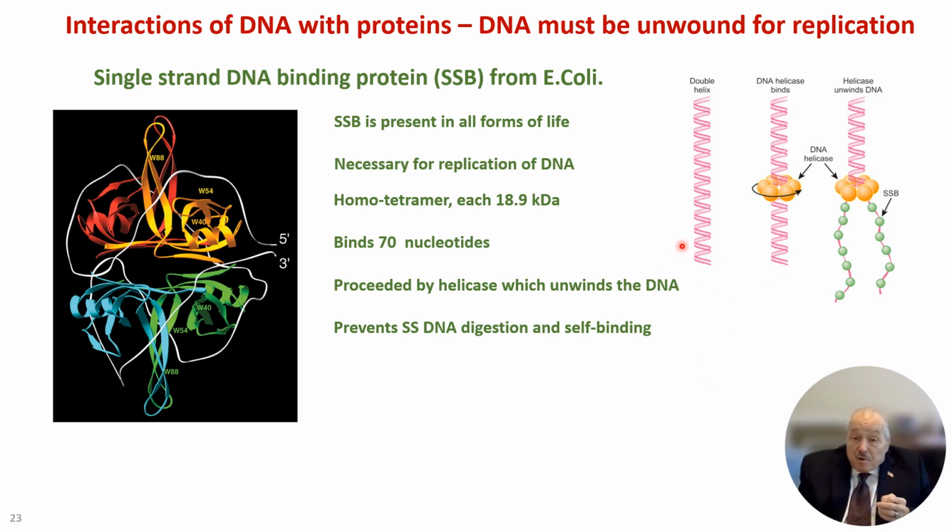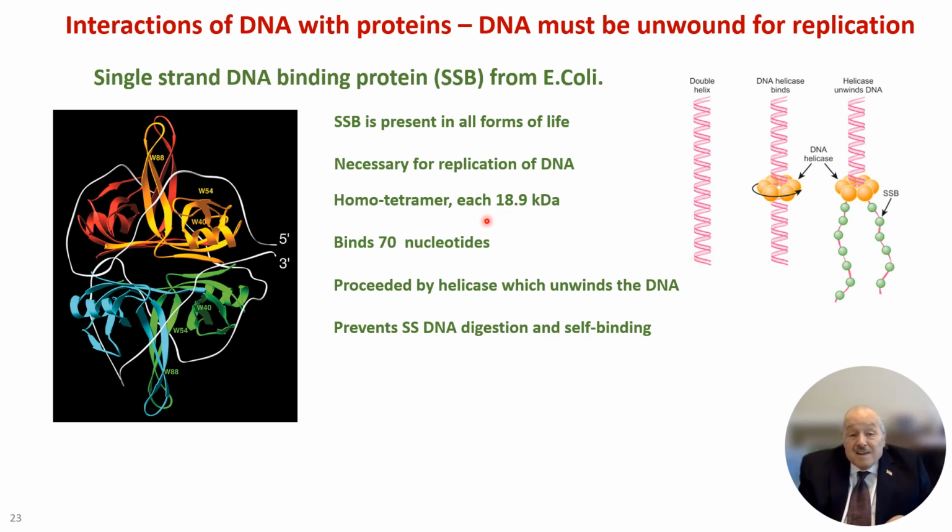Well, we have proteins called helicase, which can unwind the DNA. But the problem is when you start unwinding the DNA, you now have single-stranded DNA. It can be chewed up by other enzymes in the cells. It can be self-complementary. It could bind up to other oligomers. So nature had to prevent this somehow.